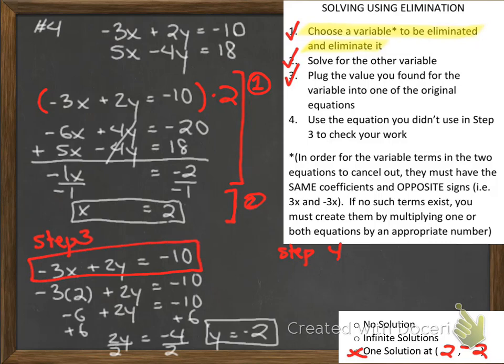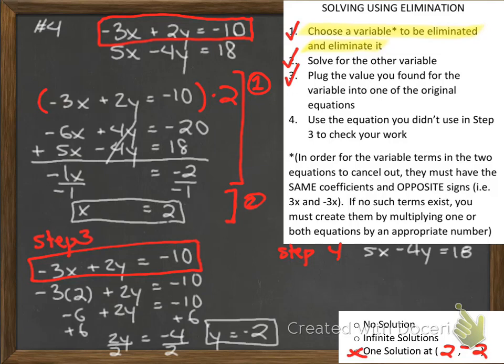I don't use this equation right here because I'm human and I might have made a mistake when I did my multiplication, right? So if I go back to my original equations, then I'm not recycling any mistakes that I might have made. Okay, so again, we've already used that equation. We must use the other equation, which is 5x minus 4y equals 18 if we want to check our work.